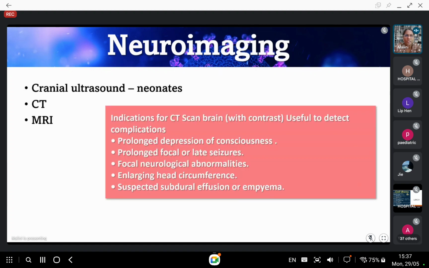A CT scan with contrast is very useful to detect complications, and we should do it if we have a patient with a prolonged depression of consciousness, prolonged focal or late seizures, focal neurological deficits, enlarging head circumference, or if we suspect a subdural effusion or empyema.